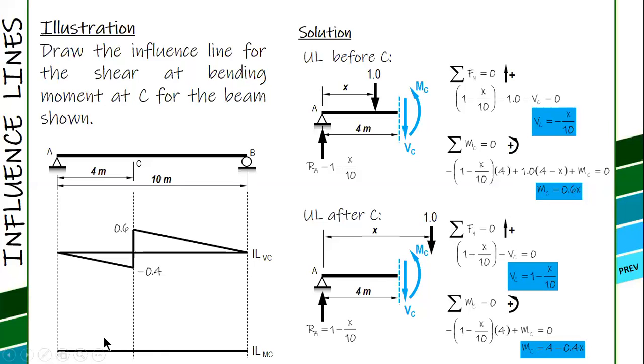So this one, 2.4 na. And then there, when x is 4, that's 2.4. And then when x is 10, it's 0. So draw lang ka the line. Okay, so mo ang influence lines sa shear and moment.